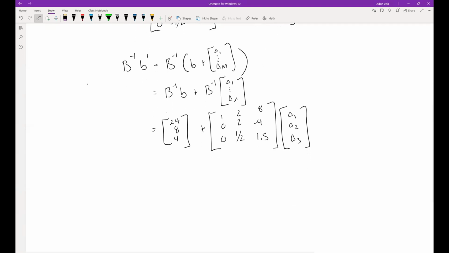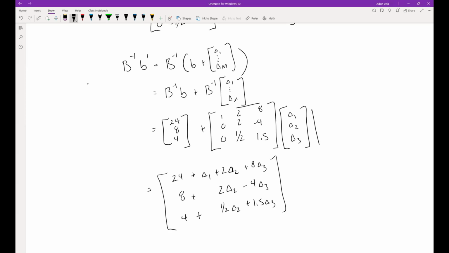So if you multiply all these equations out, you get 24 plus, again, row times column, delta 1 plus 2 delta 2 plus 8 delta 3, 8 plus 2 delta 2 minus 4 delta 3, and finally 4 plus 1/2 delta 2 plus 1.5 delta 3.